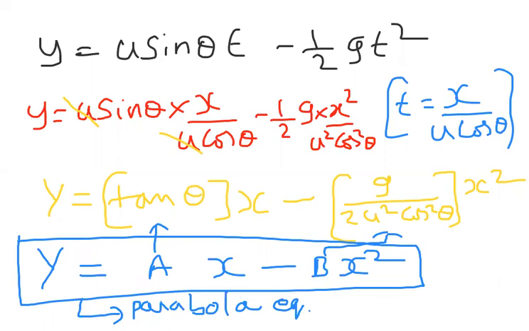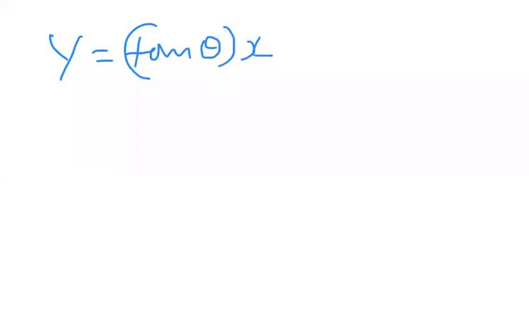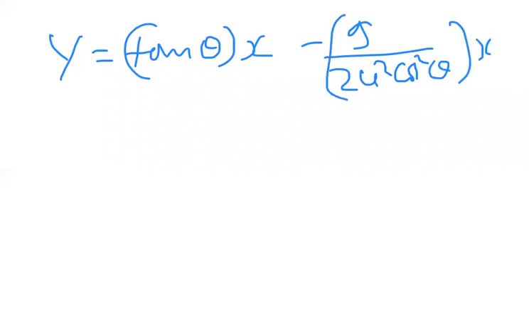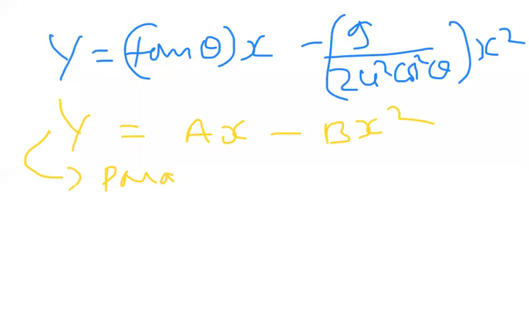Let me write this on the next page. What I got here is y equal to tan theta into x minus g by 2u square cos square theta into x square. Simply what we did here, we wrote y equal to ax minus bx square, compared, and told this is the parabola equation.